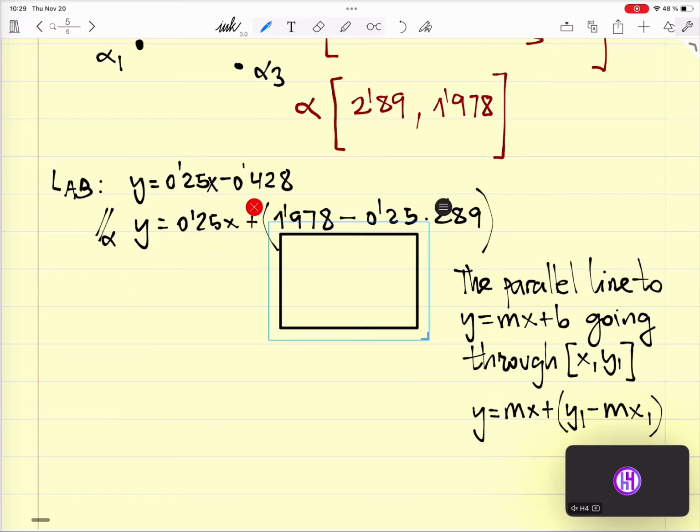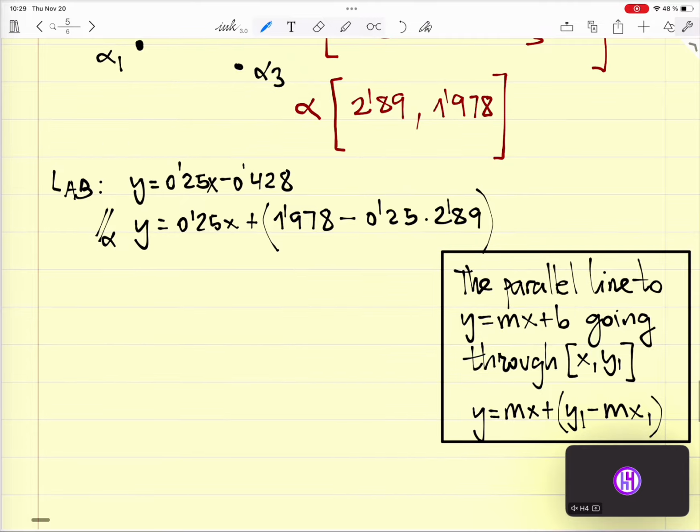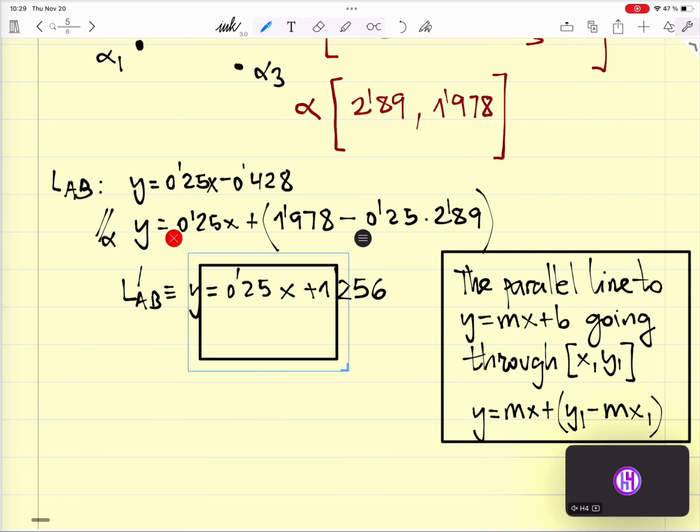Okay, so as a result, our real trend separating line for our problem equals y equals 0.25 x plus 1.256. Okay, so this is 1/3 of the solution.